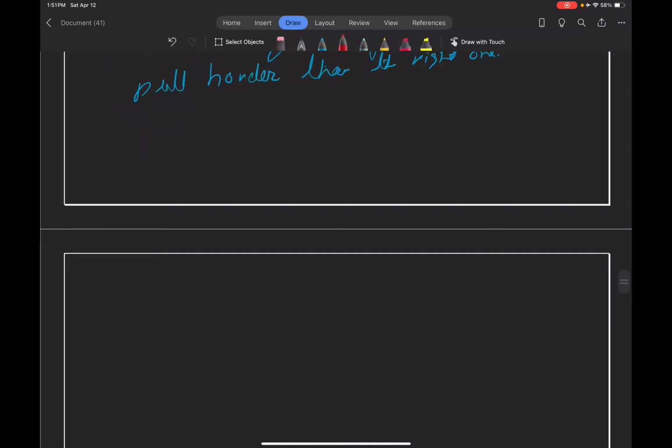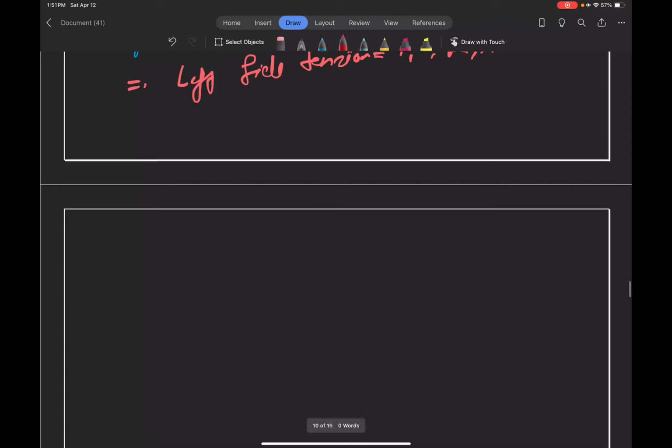So if left side tension is given as T1 and right side is our T2, then T1 has to be greater than T2, and this is going to balance the magnetic torque.